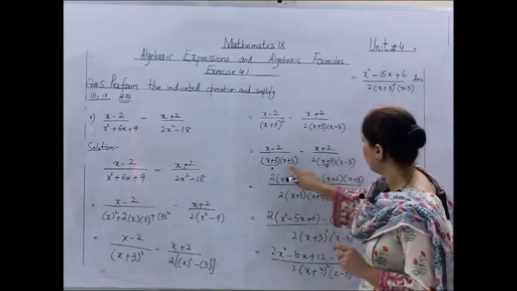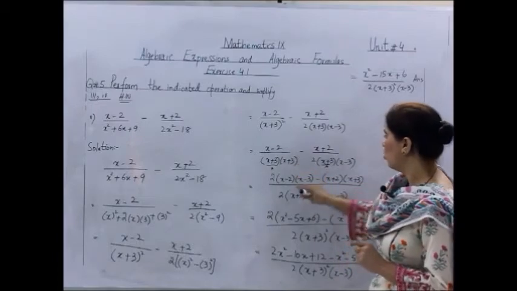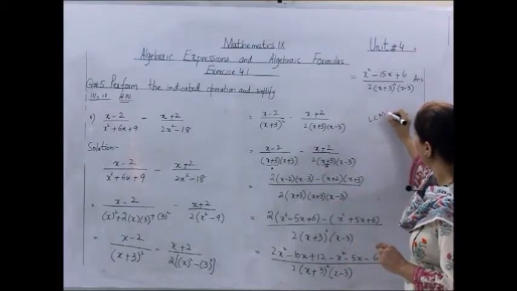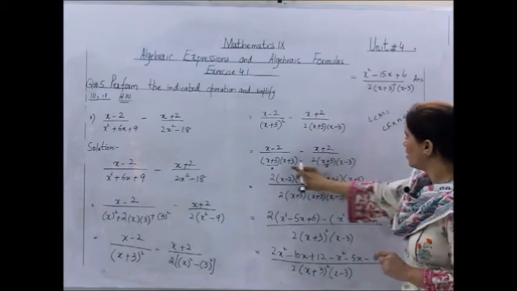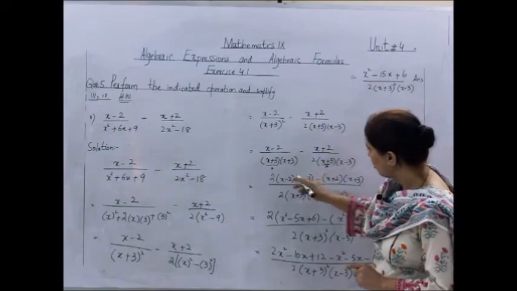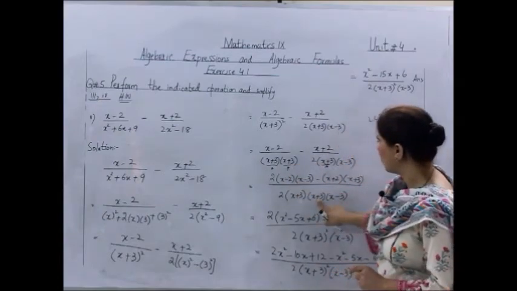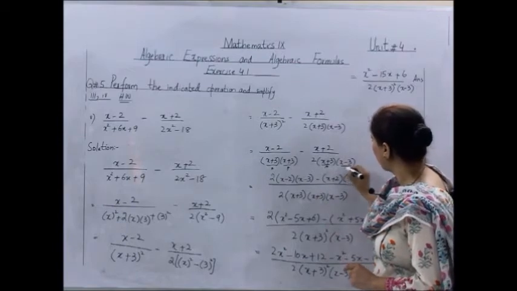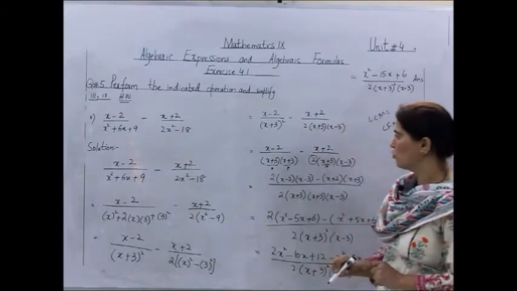Again, there is no common factor anymore, so we will write the non-common factors: the first non-common factor x plus 3, the second non-common factor x minus 3, and also this 2.